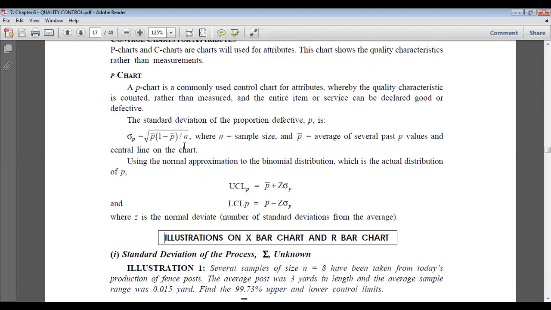But in this case we have to go for the standard deviation directly, as there is no way of finding any mean values. So the standard deviation is the square root of bar p times (1 minus bar p) divided by n, where n is the sample size, maybe 10, 20, 100, and bar p is the average of several past p values and the center line on the chart.